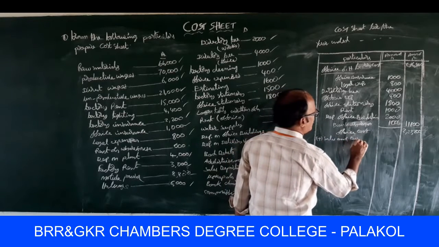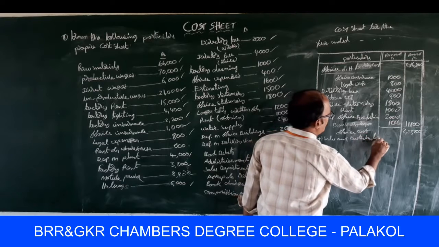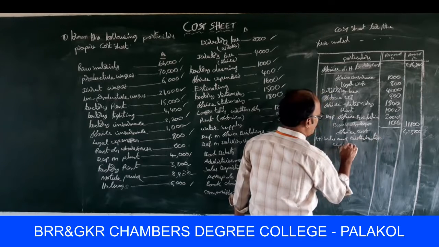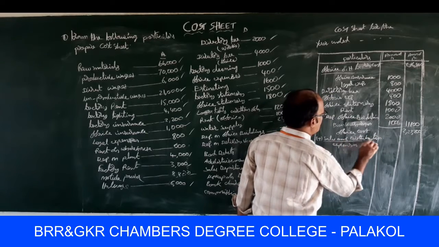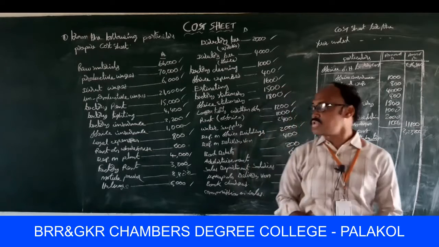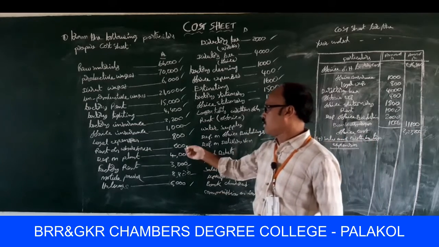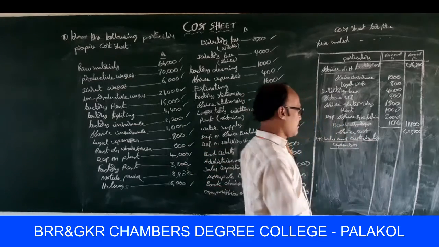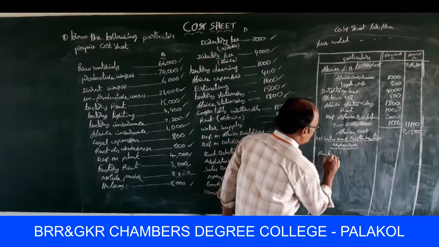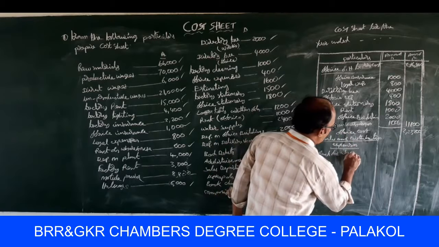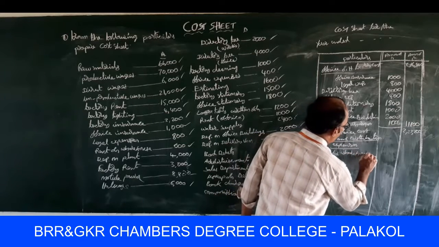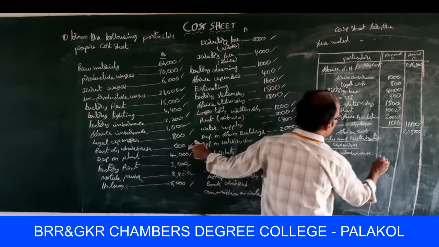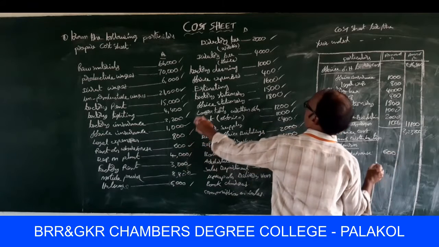Then add sales and distribution expenses. First one, rent for warehouse, 600.